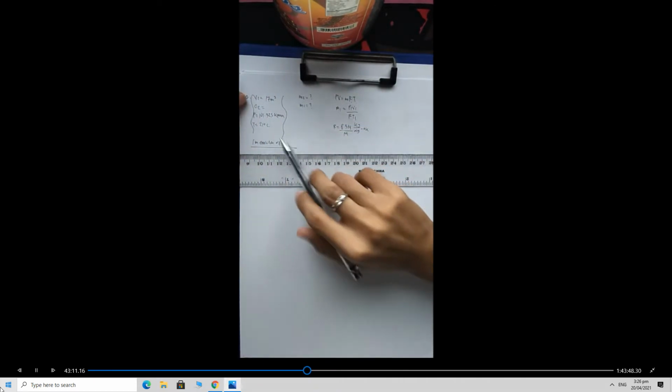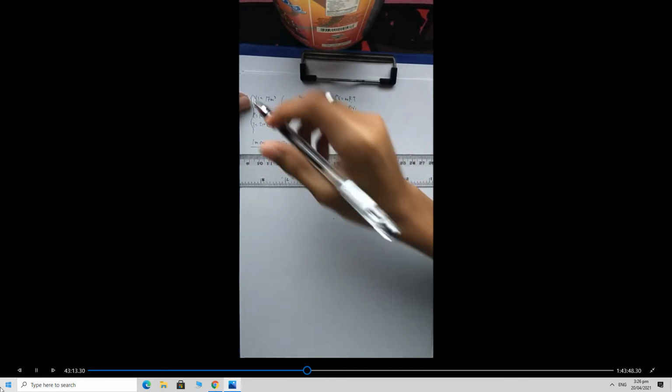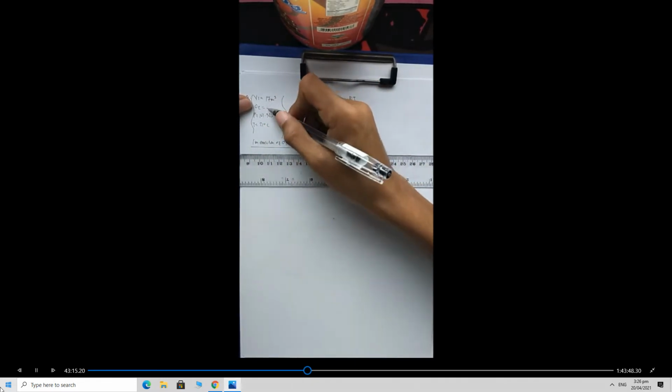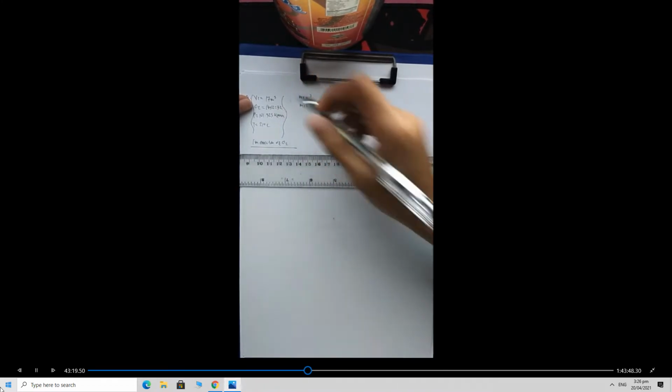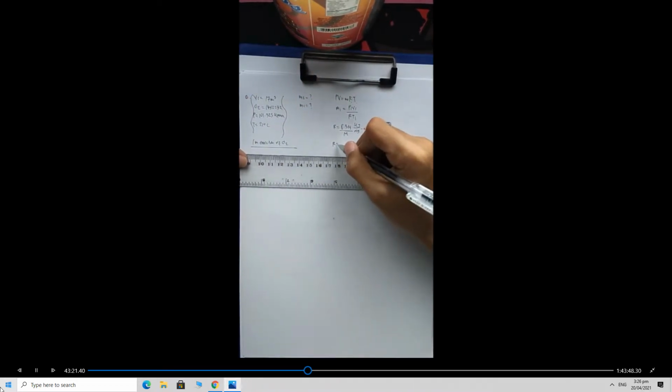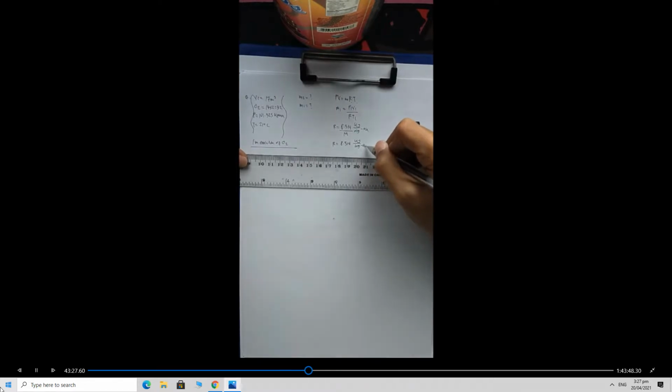Therefore, since this is diatomic, the molecular weight of oxygen is 16 times 2, which is equivalent to 32.